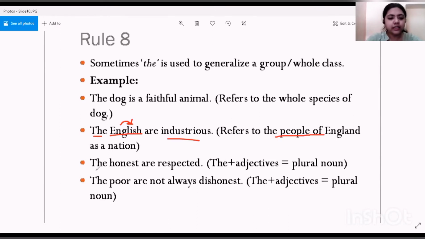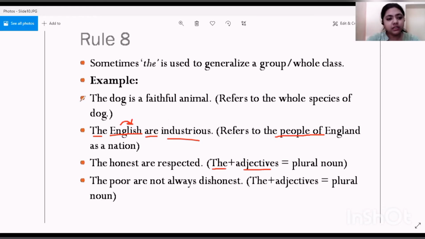All right. Next, the honest are respected. Now, when we use the with an adjective, then it becomes a plural noun. All right. Similarly, in the previous case, see English, right? Why are we using are over here? Because we are talking about all the people of England. Okay, we are not making it a generalized group or a whole class, but we are talking about all the people of England.